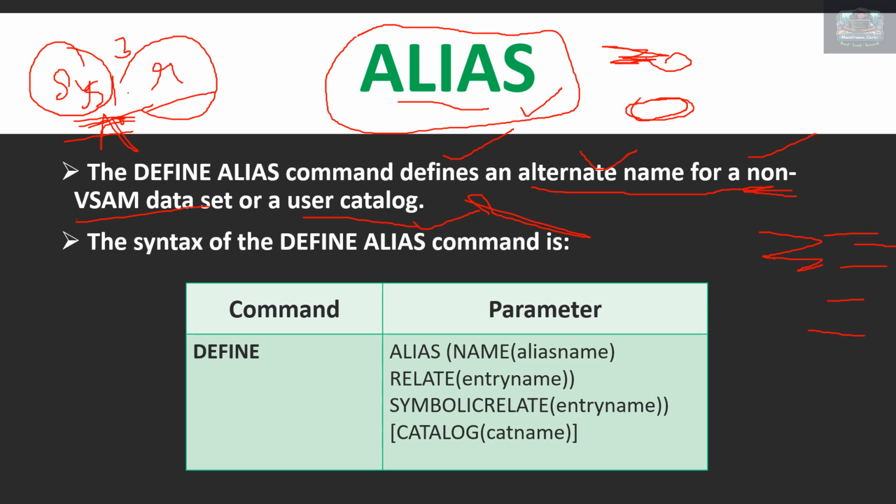And the other alias definitions, which we do to a user catalog, are for users like colleagues and teammates, who will be added to this user catalog. For the non-VSAM dataset definition, aliases like SYS1, SYS3 and system library files will be defined with different rules.